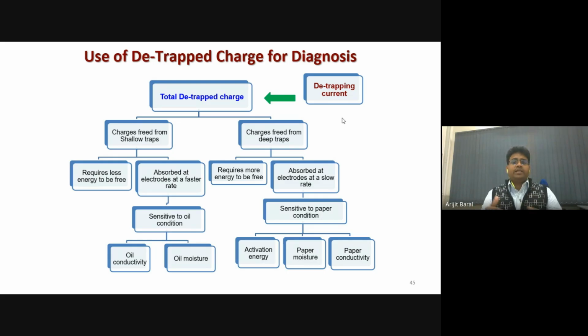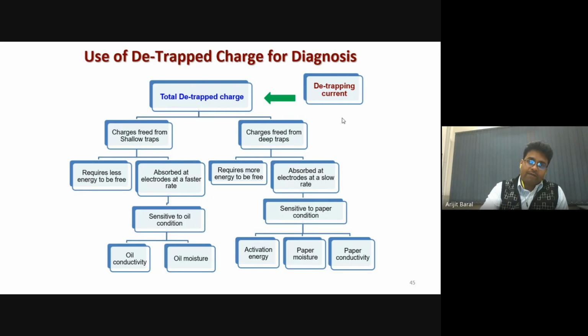which in turn gets interpreted in the PDC mechanism, where the lower part, that means when time is very small, typically less than 100 seconds, the response typically corresponds to the condition of oil. As time increases, typically about 1000 seconds, the response corresponds to the condition of solid.